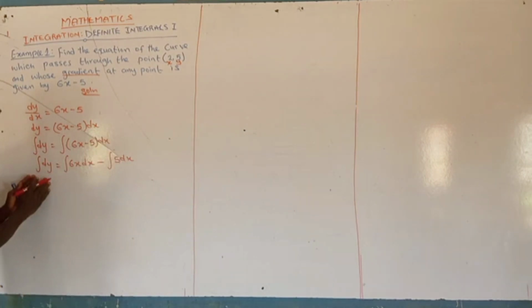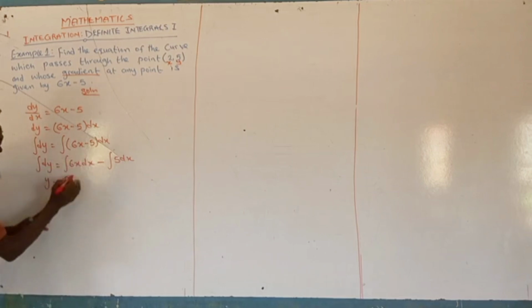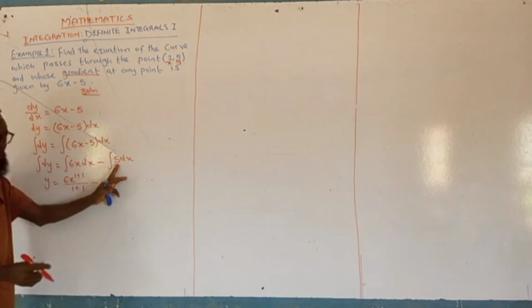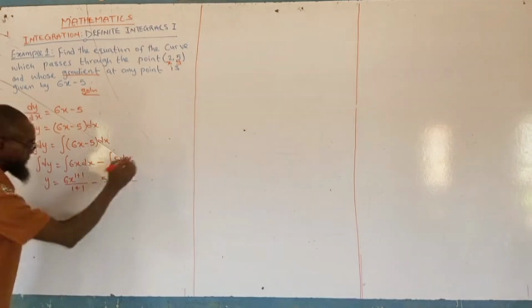When you integrate dy, we have y equals. Now we integrate 6x. Don't forget, this x has the power of 1, so 6x to the power 1 plus 1 divided by 1 plus 1, minus, when you integrate a constant 5, we have 5x. Then you put your constant c.